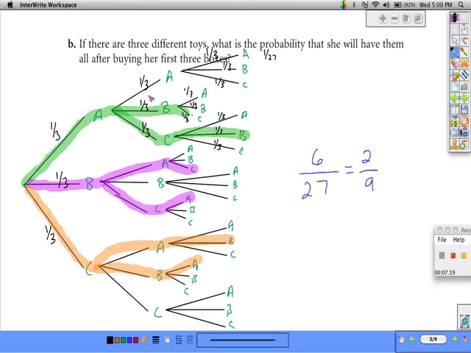A, then B would be 1/27th. A, then C would be 1/27th. And each path has a probability of getting what we want, getting that path 1 out of 27 times, the probability.